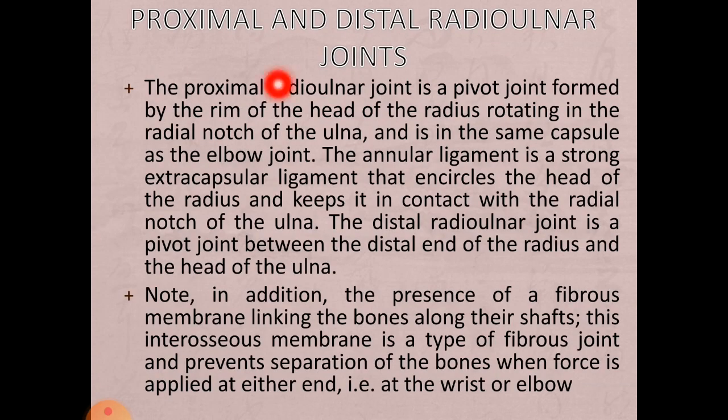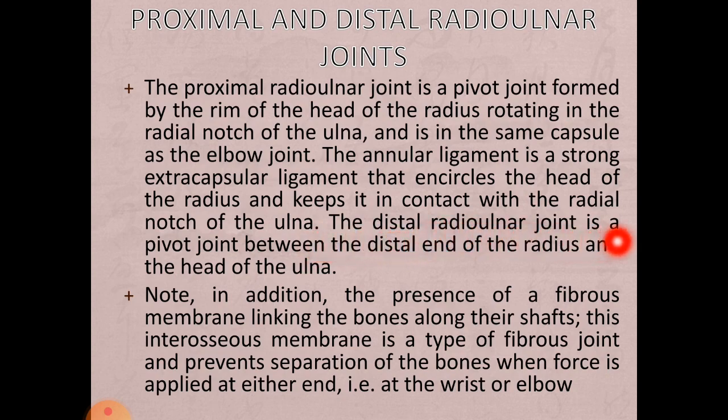The proximal radioulnar joint is a pivot joint formed by the rim of the head of the radius rotating in the radial notch of the ulna, and is in the same capsule as the elbow joint. The annular ligament is a strong extracapsular ligament that encircles the head of the radius and keeps it in contact with the radial notch of the ulna.